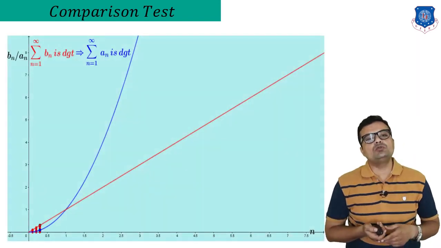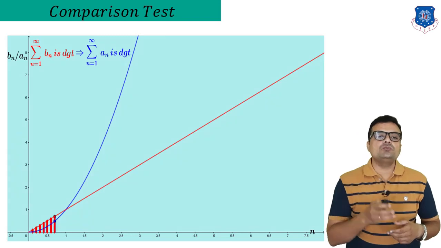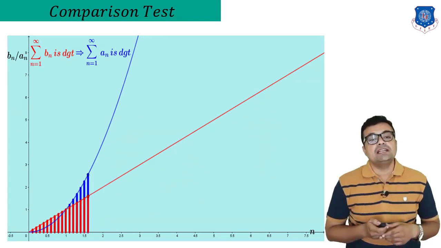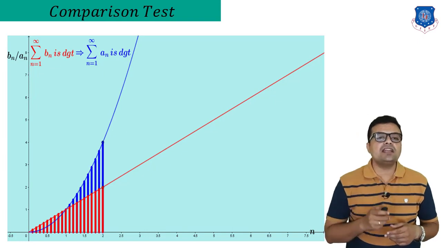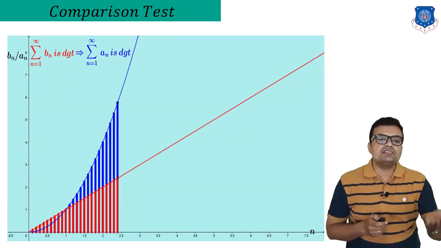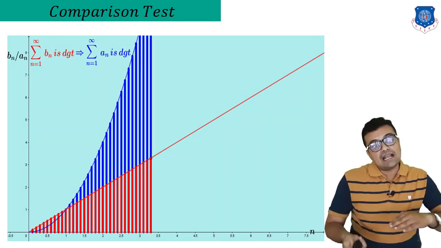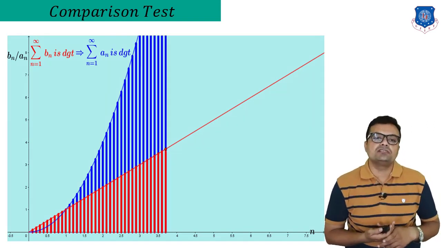Now suppose I want to prove divergence. If I want to prove divergence of this blue series, which is given by An, then I need to find one series lying inside that series, a smaller series than the given series, and it is divergent.